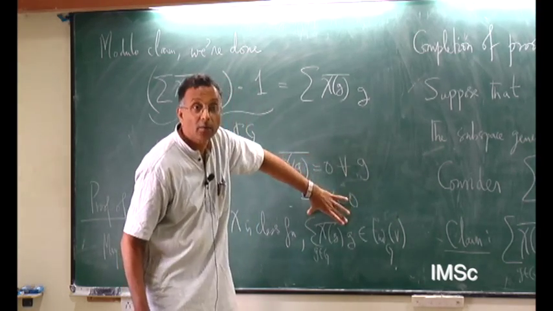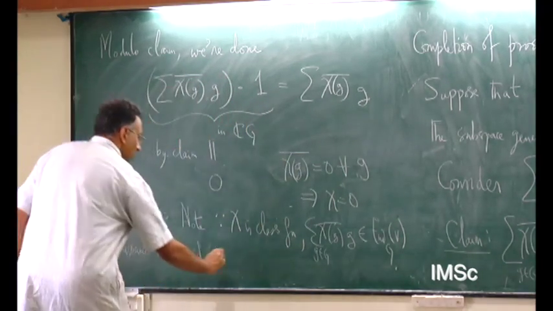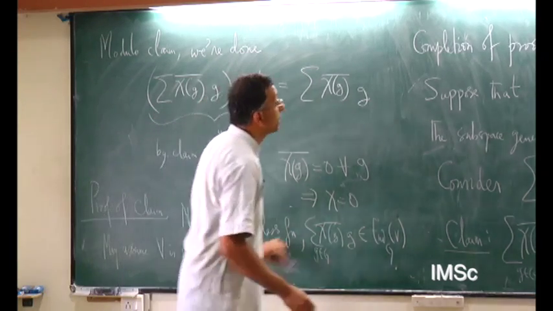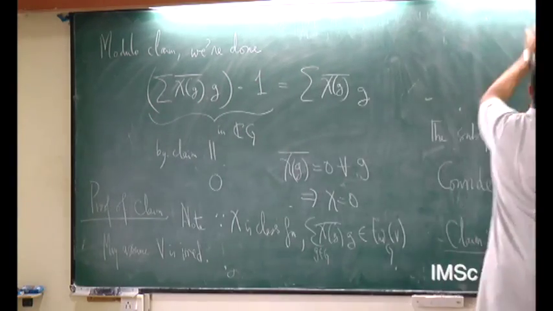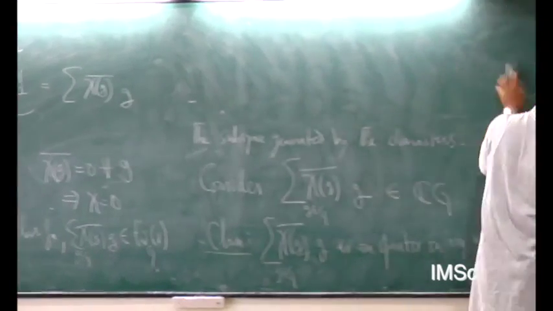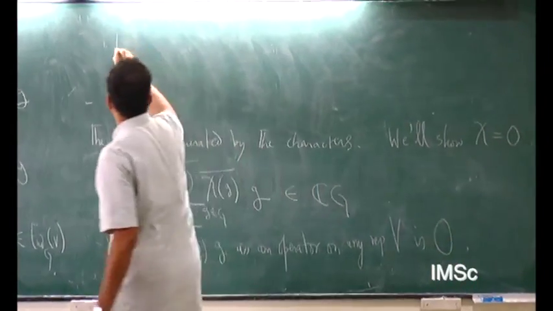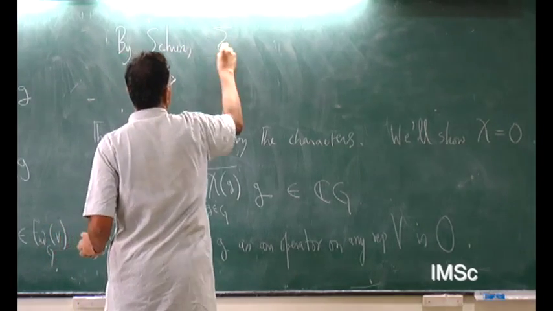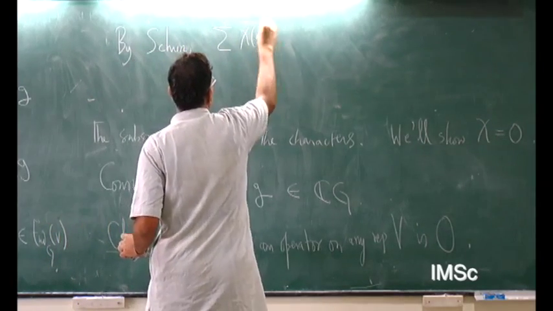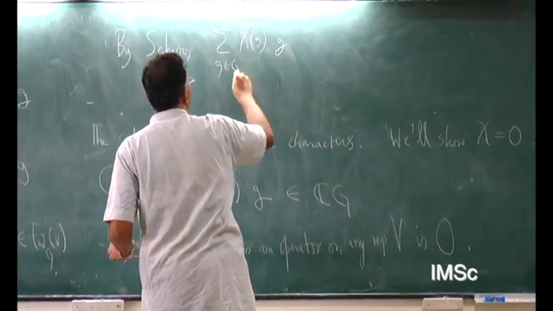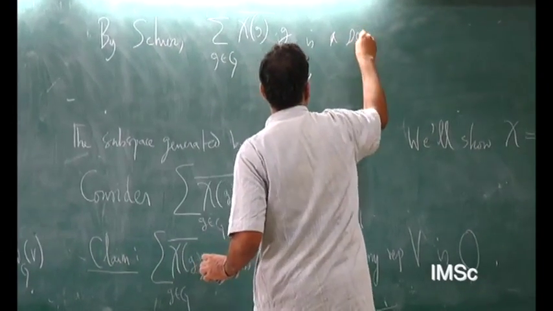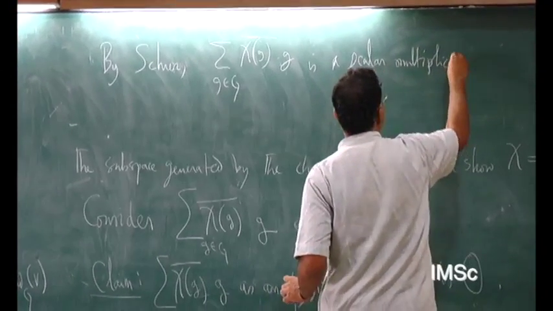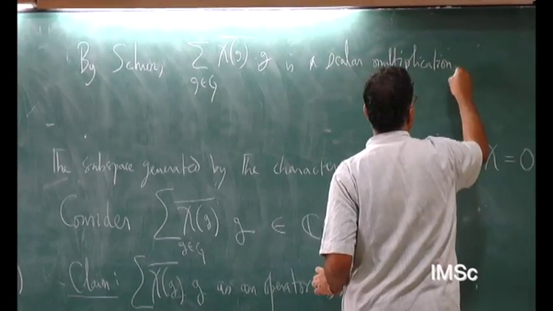By Schur, it is a scalar multiplication, say by lambda.